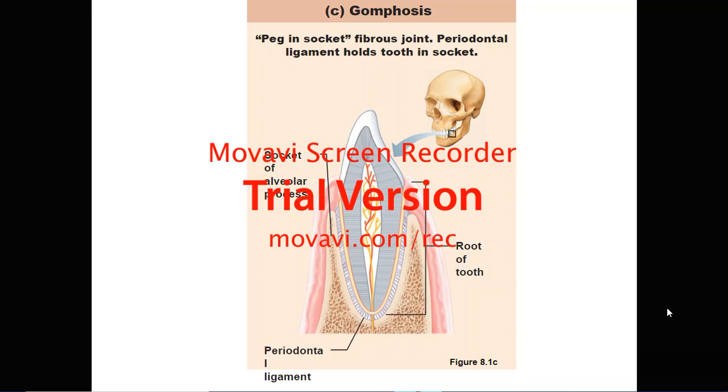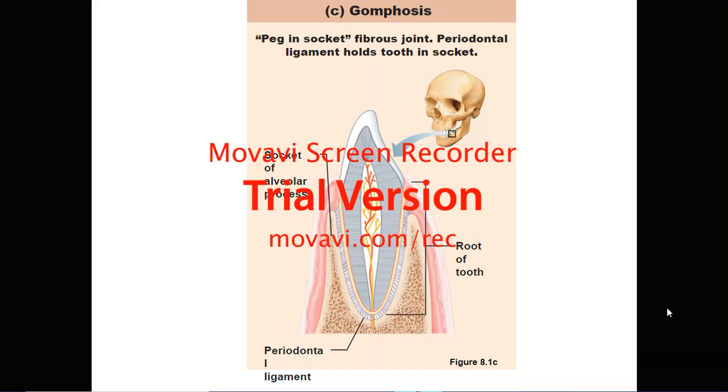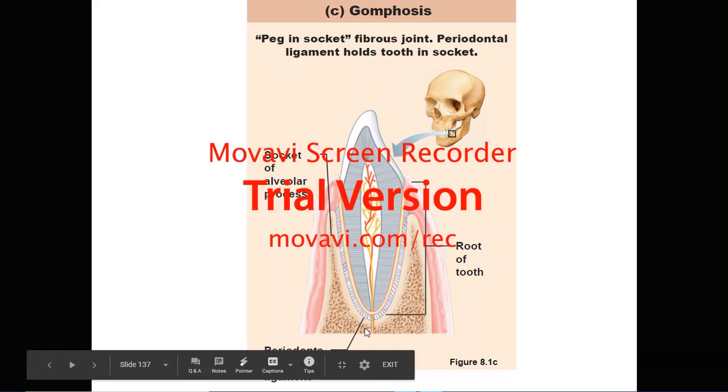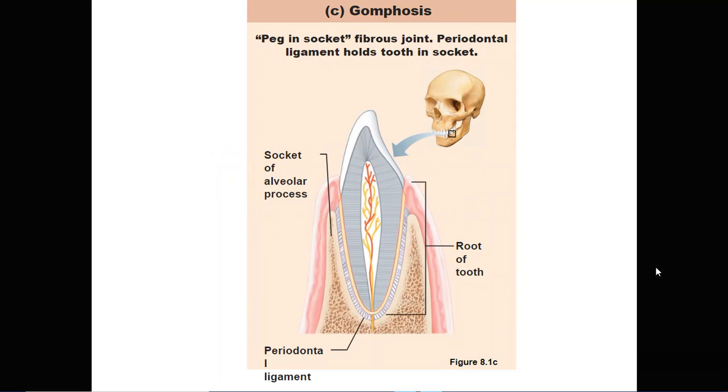So that refers to the way that teeth look as if they were hammered into their socket. Okay, and the fibrous connective tissue in this case is the short periodontal ligaments. You see those very short periodontal ligaments. Okay, so those are the fibrous connective tissue, and they're short, so it's going to be an immobile joint.